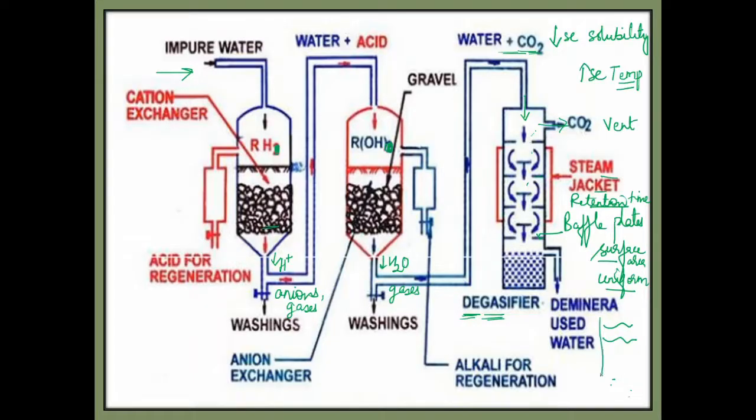You may use a single plate in the entire container, or you may place 5 different types of baffle plate, etc. So that's all part of chemical engineering. The basic funda is that you have to remove the gas. It is a degasifier. And that's how, as I said, you're going to get demineralized water. And since it is demineralized water, another name of the ion exchange process is the demineralization process.